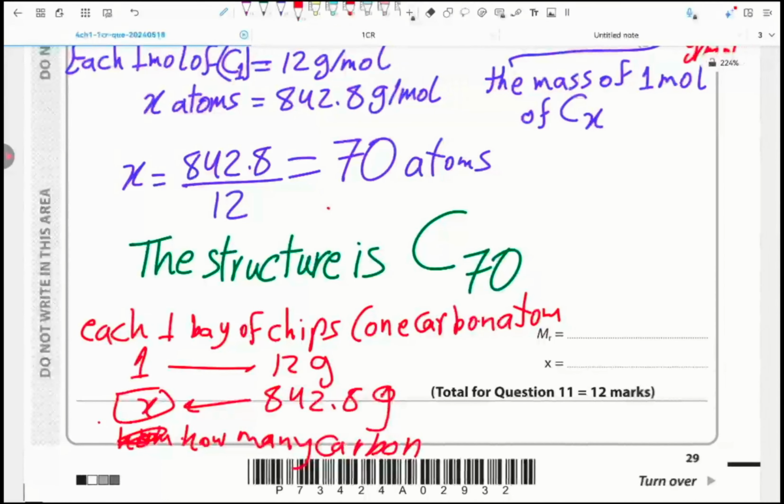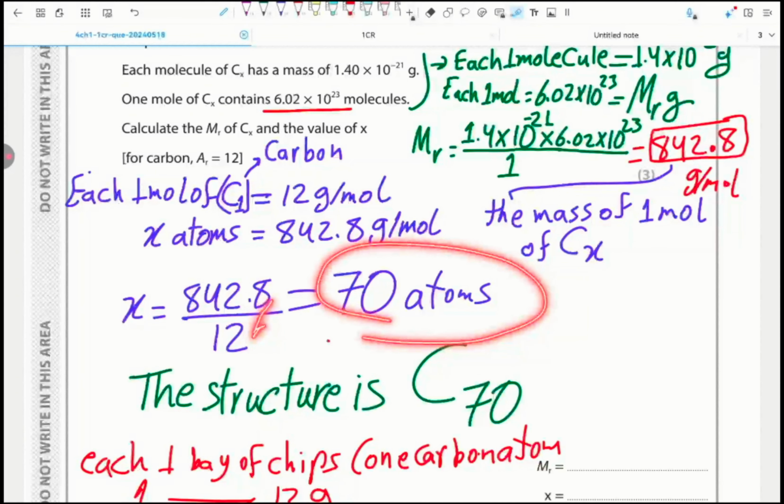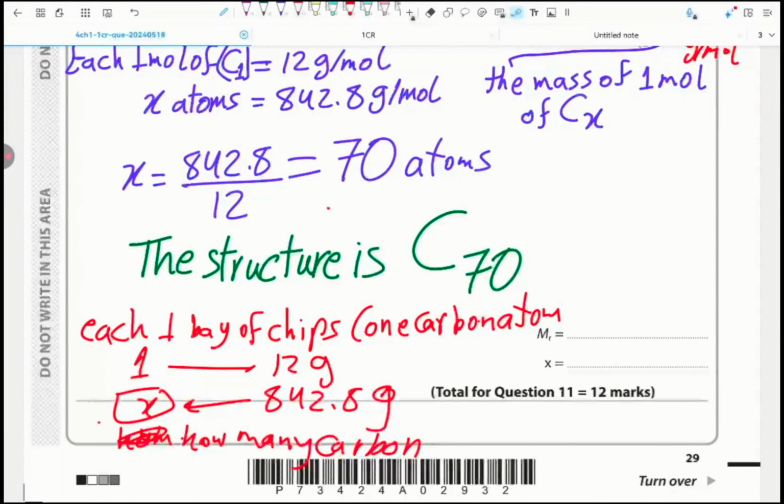We say that here each 1 mole, as you see my friends here, is 12 grams. 1 atom makes 12 grams. How many atoms can make 842? We have to divide them over 12, and this is 70 atoms. So X is 70, as we see here, my friends.